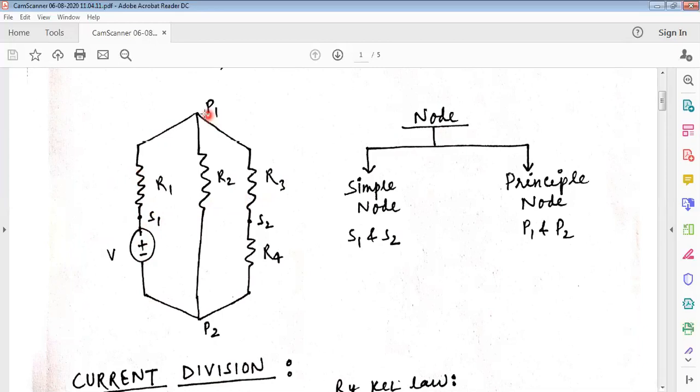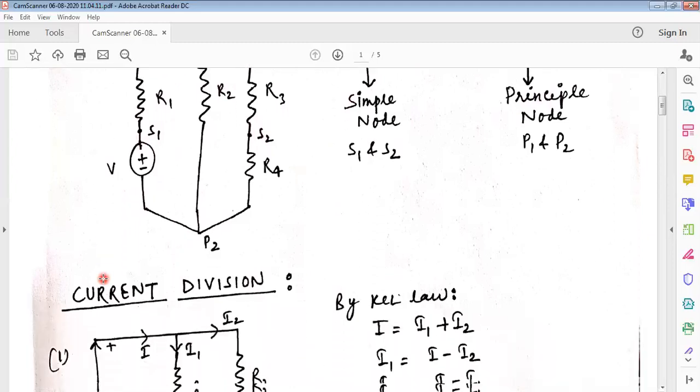For example, at this point R1 is connected, R2 is connected, R3 is connected, so more than two elements are connected together, and this point is called a principal node. But S1, P1, S2, P2, all these are nodes only. S1 and S2 are simple nodes, P1 and P2 are principal nodes. That is about the node.